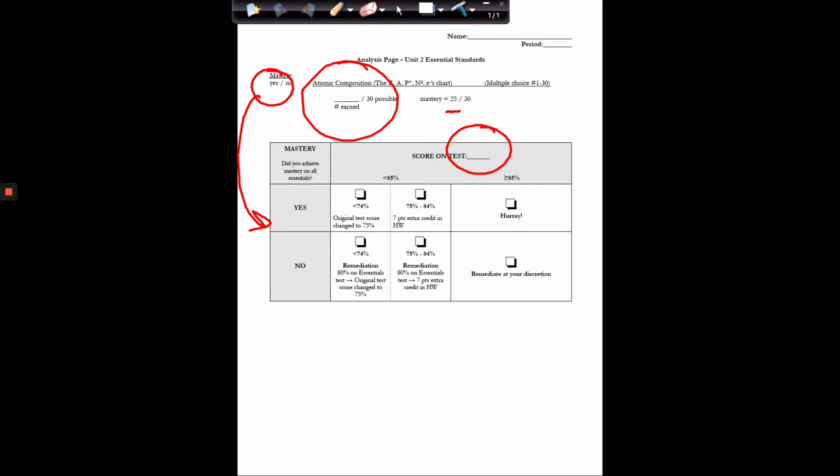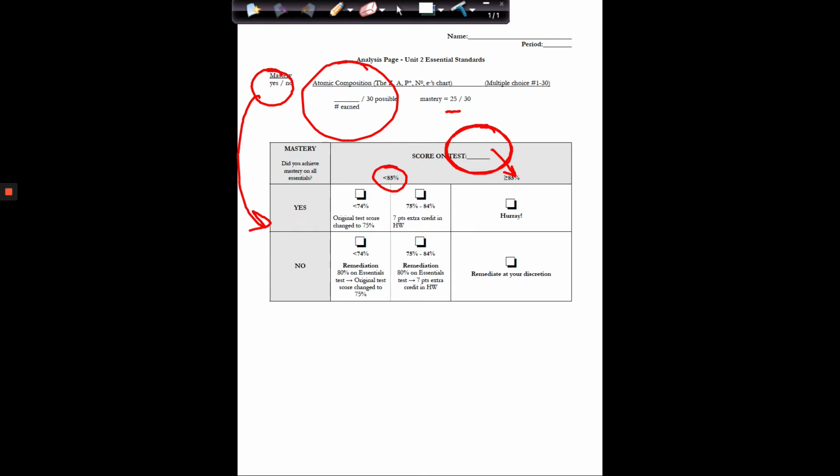Please put that number there. Then, guys, this number right here puts you into one of 2 categories based on 85 being the cutoff above which you've done well. So, guys, if you are 85 or above, including 85, please circle the thing on the right. Now, if you are below 85, 84 or down, please circle the thing on the left.